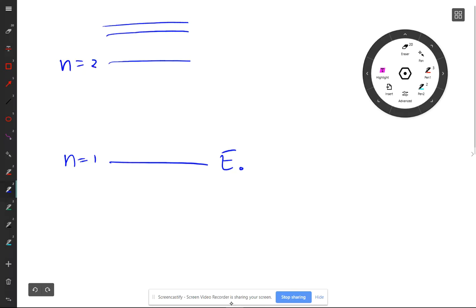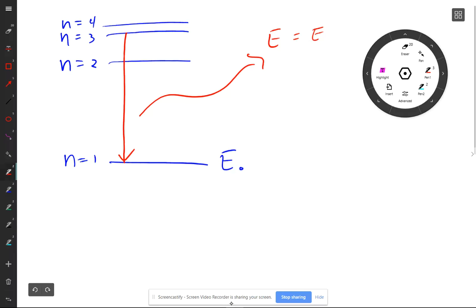N equals 2 is the first excited state, n equals 3 is the second, n equals 4, and so on. And when an electron falls from one energy state to another, it gives off light with energy equal to the difference in the two allowed energy levels.